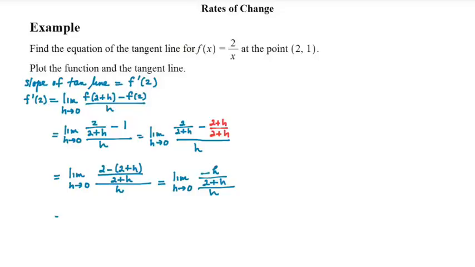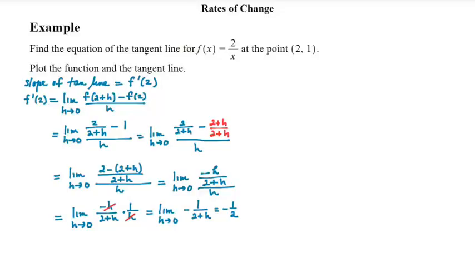And then I'm going to rewrite the expression as a multiplication problem. Then we can cancel the h's, simplifying this to minus 1 over 2 plus h, and now I can take the limit and I find that its value is minus a half. So that's the slope of the tangent line.